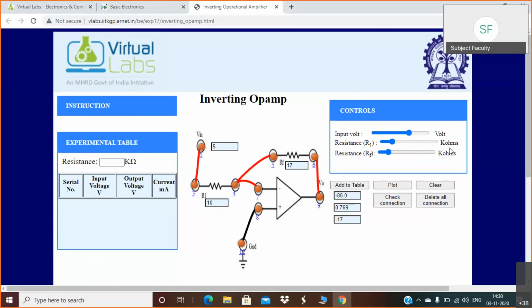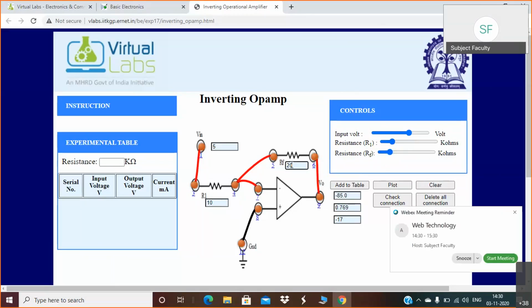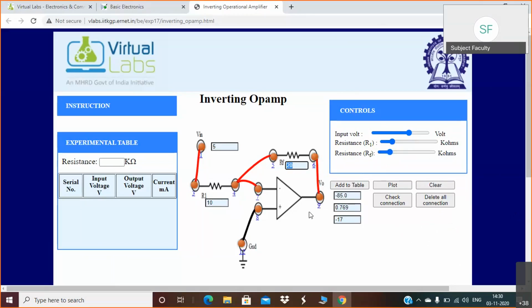The unit is also mentioned here. Both resistances are in kilo ohms. So I will keep R1 at 10 kilo ohm. And finally RF, I will keep at 20 kilo ohm. Here it is RF. So all three values we have set: input voltage is 5 volt, R1 is 10 kilo ohm, and RF is 20 kilo ohm.